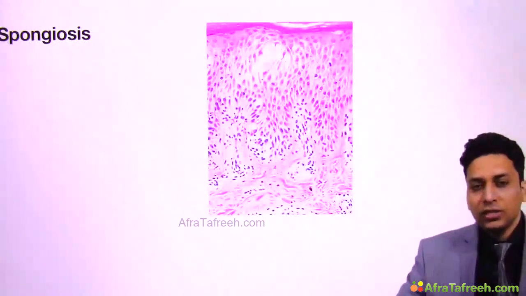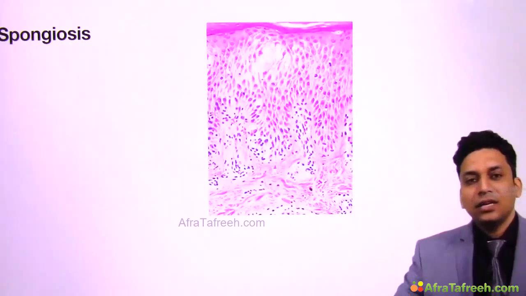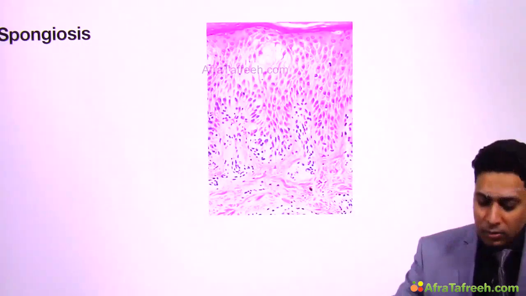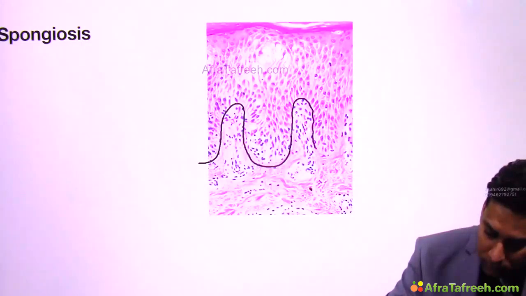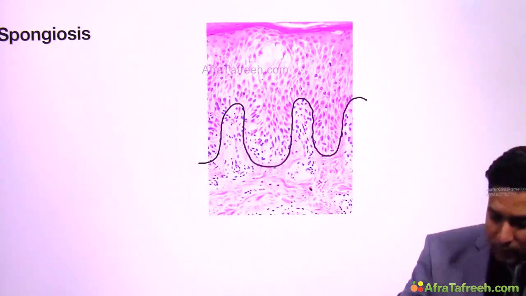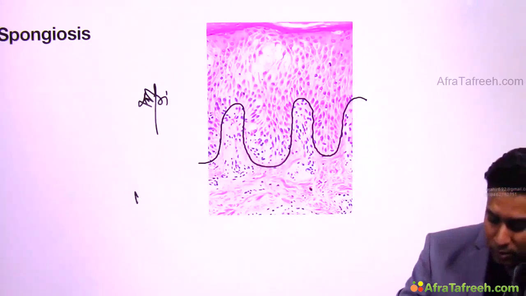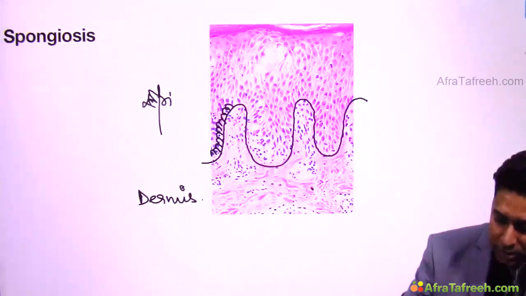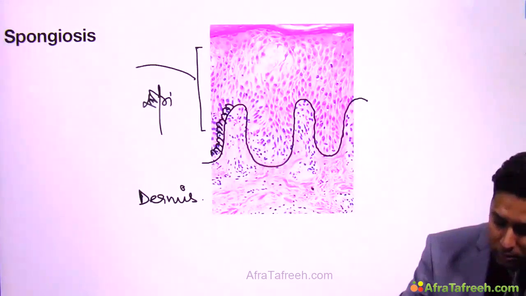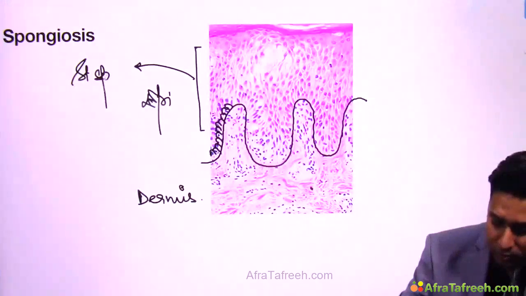Similarly, spongiosis, I told you. What is spongiosis? Extracellular accumulation of fluid in stratum spinosum. So again, you can try to see. This is epidermis, below this is dermis. These are basal keratinocytes. Then above stratum basale, this is stratum spinosum.